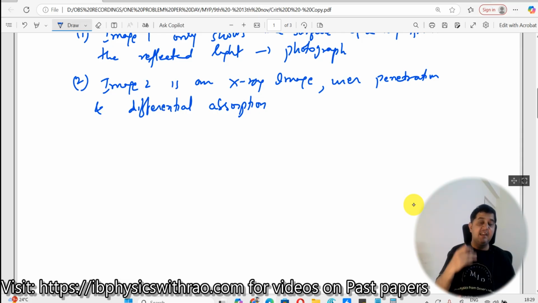How different is the image 2 as compared to the first image? Then what else can I write?